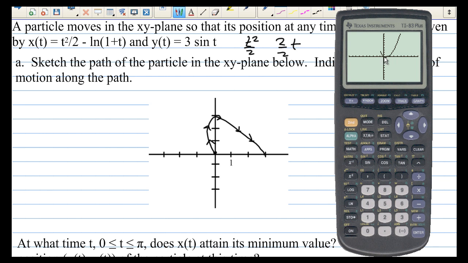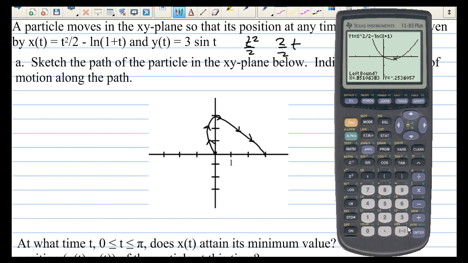It looks like at this little tiny area here, so let's zoom in on that. And there it is right there. That's where we'll be on the y-axis. That'll be the value of t. We'll calculate a zero.